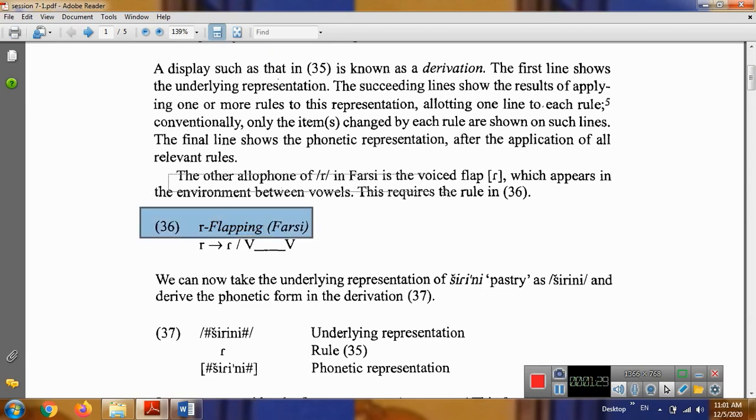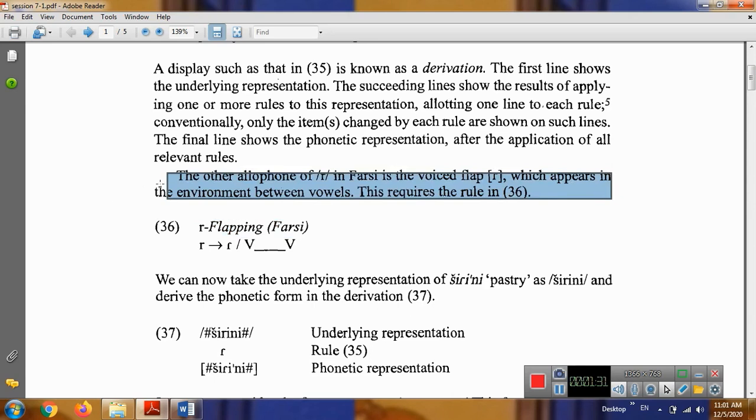I repeat it again: the other allophone of re in Farsi. One point which I should explain is that when we want to show the input of the data, we put two slashes on both sides of that sound.